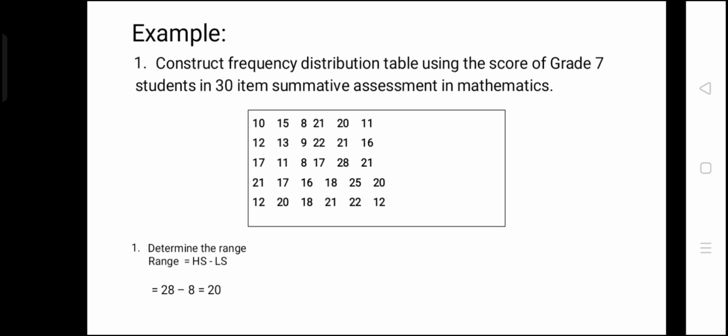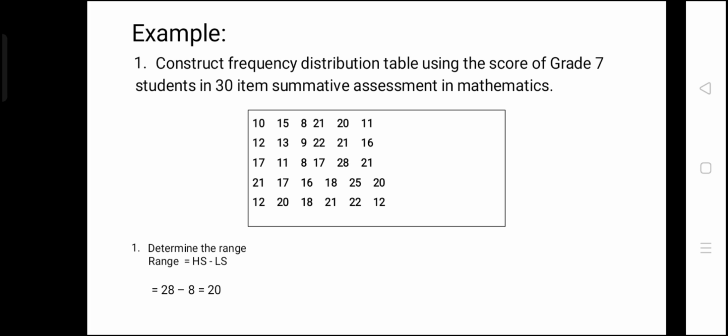So for example, construct a frequency distribution table using the scores of grade 7 students in a 30-item summative assessment in mathematics. So we have 15, 10, 15, 8, 21, and so forth.